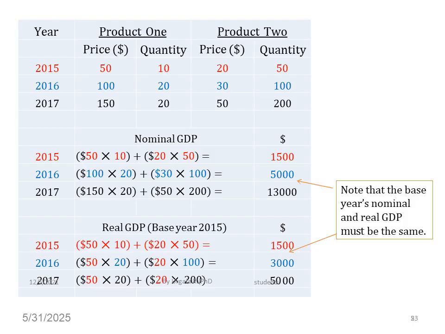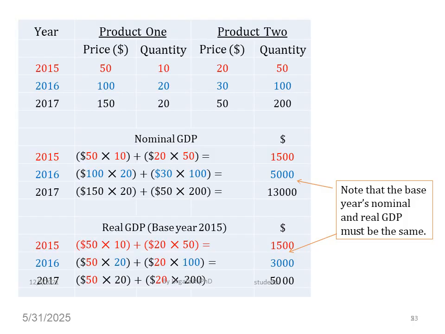For 2016, our nominal GDP is price of 100 times 20 quantity for product 1, plus $30 price for product 2 times 100 quantity. It becomes 5,000.